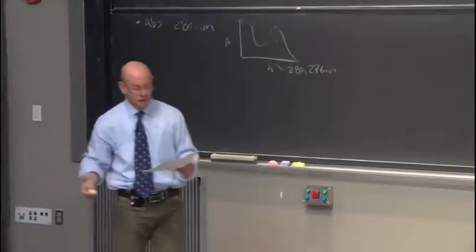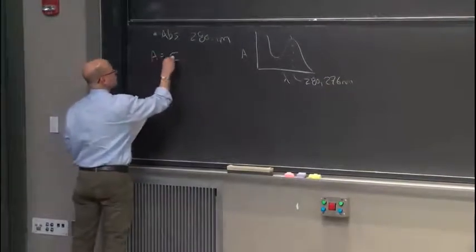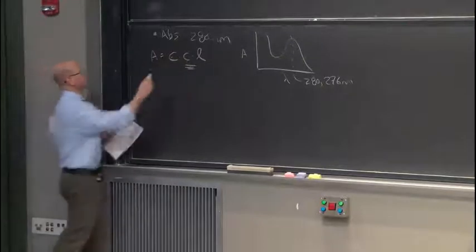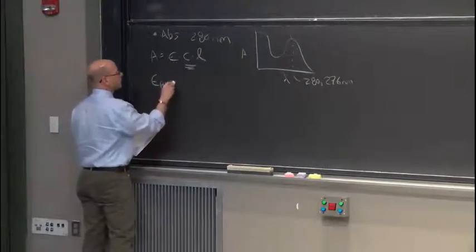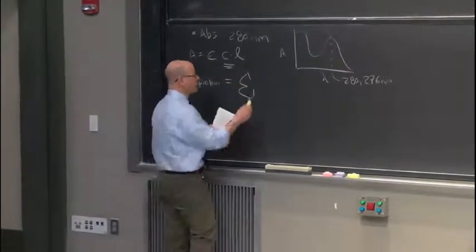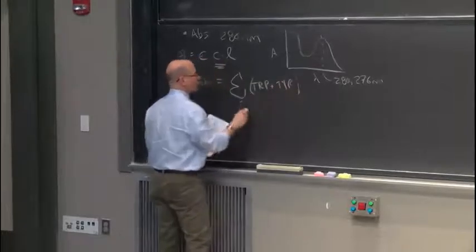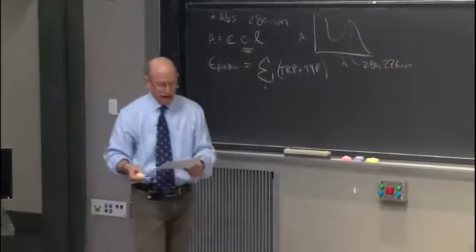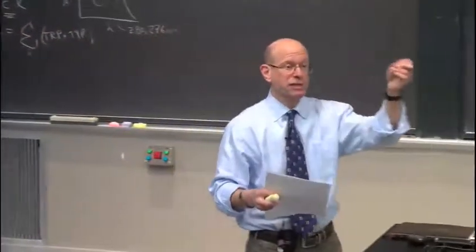And therefore, we said that the absorption of any solution was equal to epsilon times the concentration times L. L was the path length, epsilon was the extinction coefficient for the protein, and the extinction coefficient would be some sum of the number of tryptophan residues and tyrosine residues in the protein. That makes sense. Nothing fancy there. Now, there's a problem, though, if I try to do that, and that will work really well once I have my protein semi-purified.